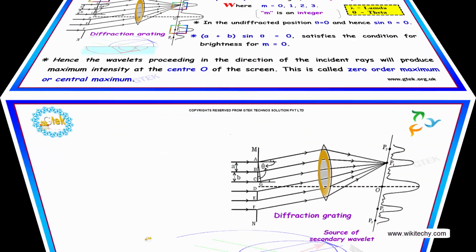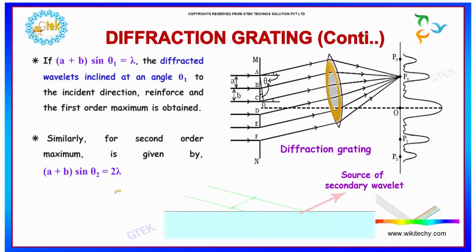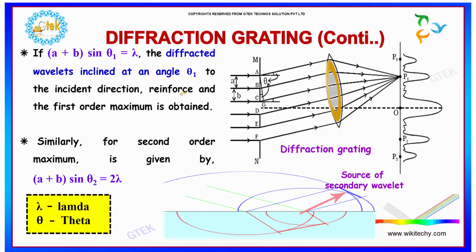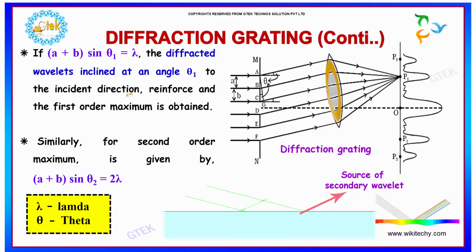Moving further, (A plus B) sin theta 1 is equal to lambda, so the diffracted wavelets inclined at an angle of theta 1 to the incident direction reinforce and the first order maximum is obtained.